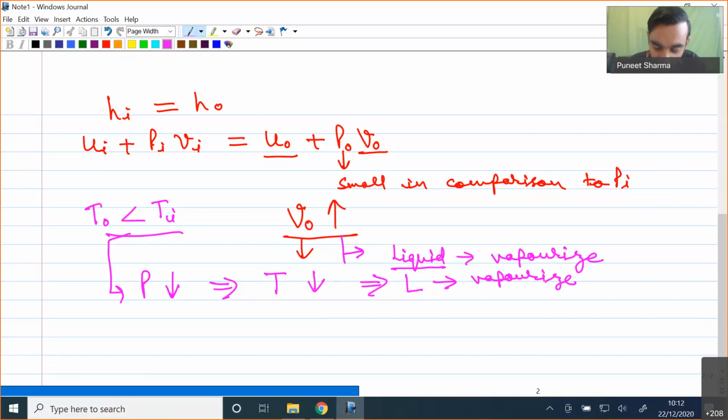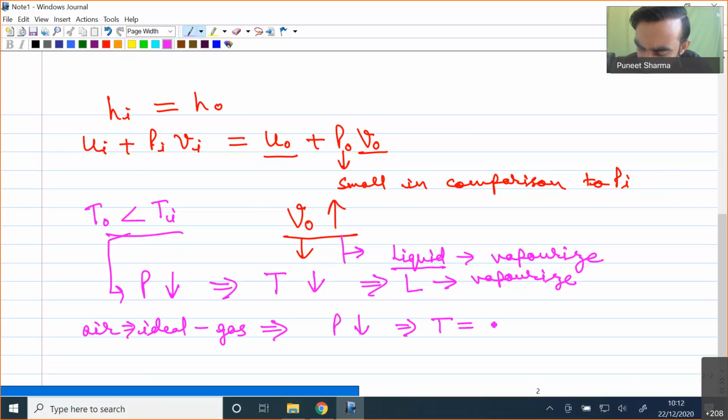Okay. However, if we have any other kind of gas, for example air, and if I consider air under the condition of the ideal gas equation, so if air is following the behavior of an ideal gas, then though we will have a decrease of pressure, the temperature will remain unchanged.